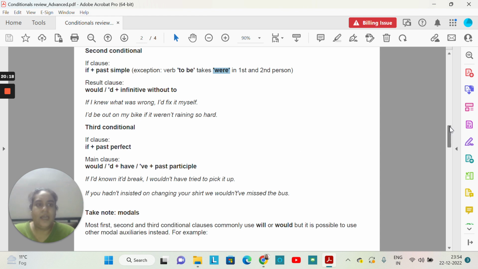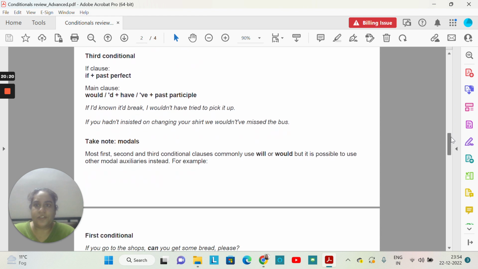Right? Now let's look at the last conditional. Third conditional. The if clause or the conditional clause: if plus past perfect. Your result clause will be would, like I said, plus have plus past participle. So like I said, the way it's broken up like this, it's whatever you find it easy to remember.